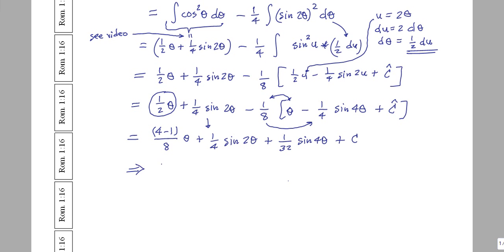The integral that we were interested in, that is to say, the integral of cos to the 4th theta d theta, is equal to 4 minus 1 over 8, which is 3/8 theta, plus a quarter of sine of the double angle, plus 1/32 of sine of the quadruple angle 4 theta, plus a constant of integration.